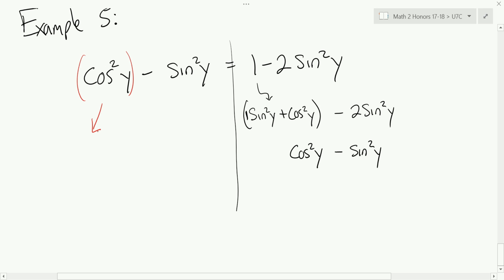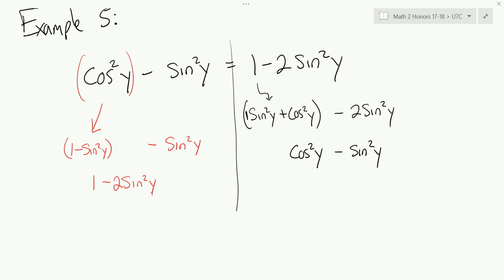What would you change it to? 1 minus sine squared y. Still got that minus sine squared y over here. And I got 2 negative sine squared y, so this is 1 minus 2 sine squared y. So that's another way to do that. Whichever one you like better. Okay? So you pick the side.